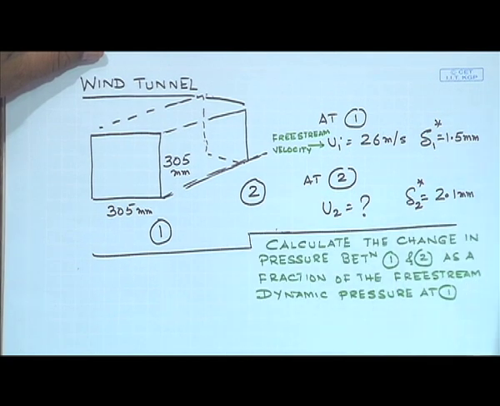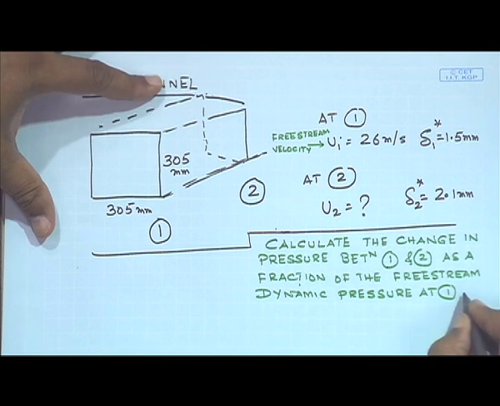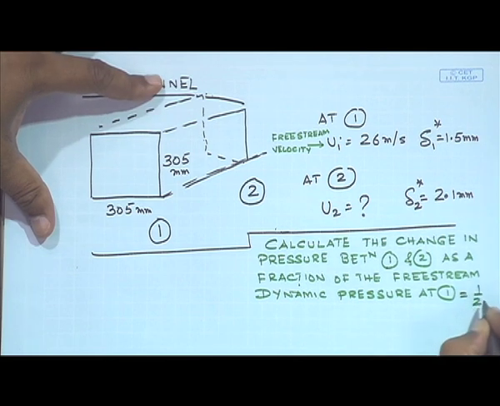What is required is to calculate the change in pressure between 1 and 2 as a fraction of the free stream dynamic pressure at 1. I will repeat it once again. Calculate the change in pressure between 1 and 2 as a fraction of the free stream dynamic pressure at 1. What is the free stream dynamic pressure at 1? By definition, we know that the free stream dynamic pressure is nothing but equal to half rho u1 square.